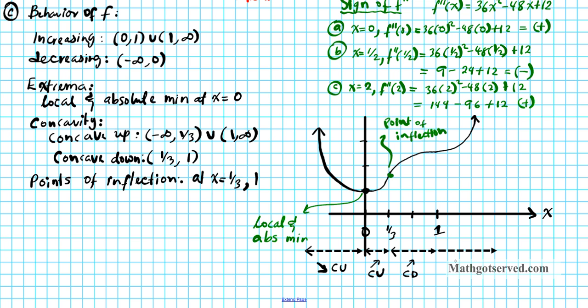And on the last interval, from 1 on upwards, it's increasing, but the concavity changes again to concave up. All right, so that's basically illustrating the connection between the graph and the results we got from the sign table. Okay, so hopefully that helps you get the main gist of the whole process.